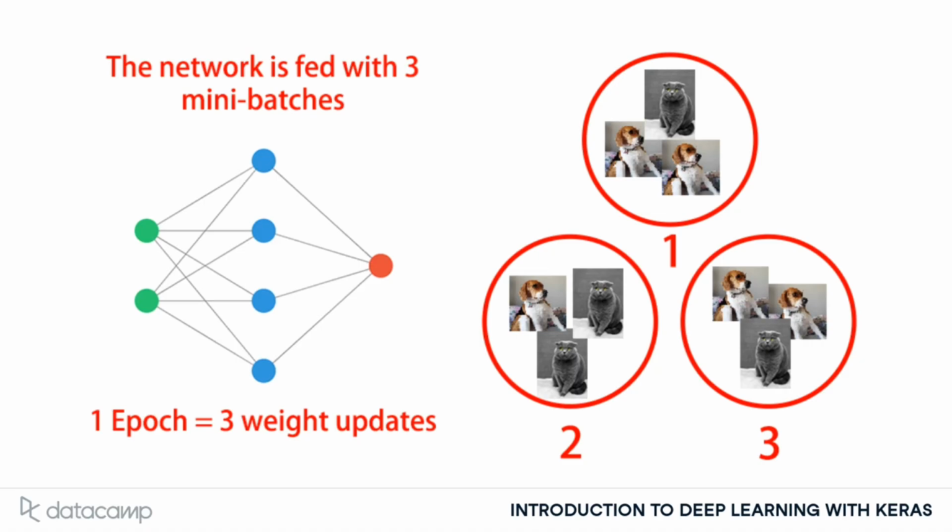It is not very practical to update our network weights only once per epoch, after looking at the error produced by all training samples. In practice, we take a mini batch of training samples, and that way, if our training set has 9 images and we choose a batch size of 3, we will perform 3 weight updates per epoch, 1 per mini batch.